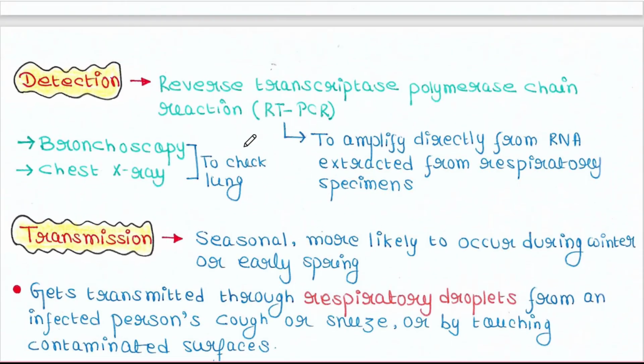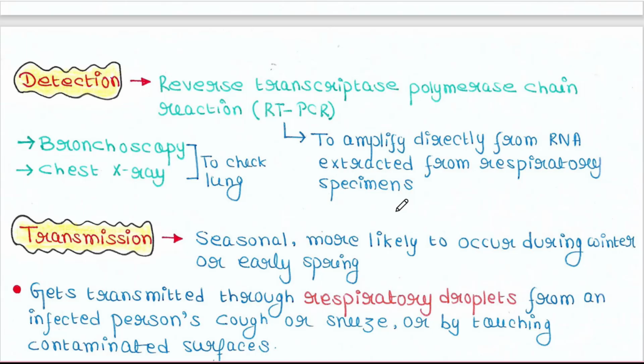Okay, so let's talk about the detection. Reverse transcriptase polymerase chain reaction, or RT-PCR, is used to amplify directly from RNA extracted from respiratory specimens. So from the respiratory tract, specimens would be collected and RT-PCR will be performed directly using RNAs.